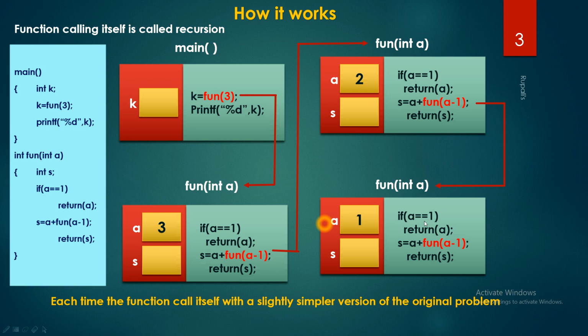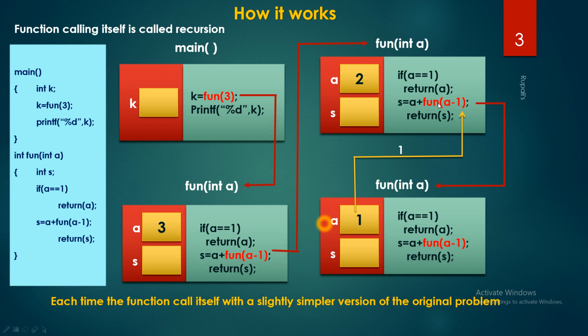Now check if a equals 1. Yes, a equals 1 now. So what does this function return? This function returns a, which means 1. So this function returns 1 to where? Here, to the caller. So 1 goes there. The value is 1.